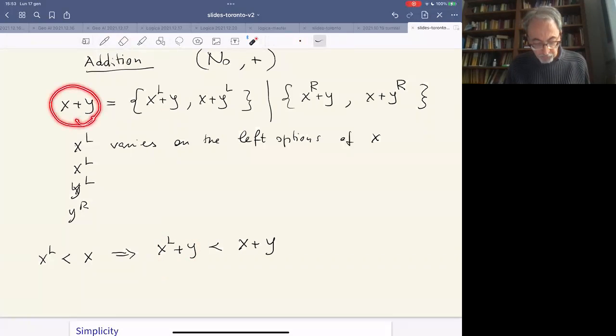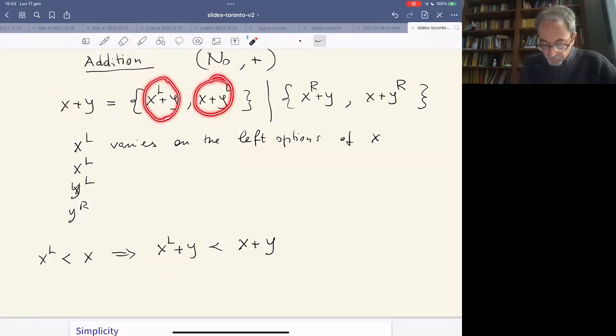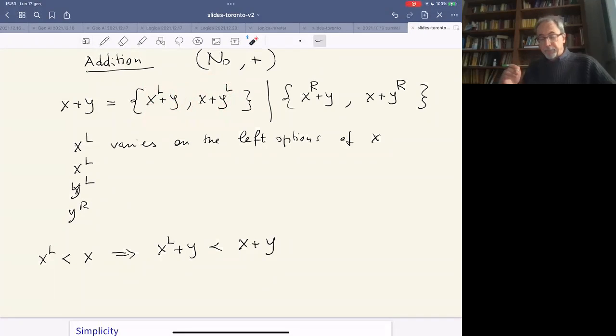The left options of X plus Y, this will be among its left options. By induction on simplicity, you can assume that this guy here and these objects are already defined, because XL is simpler than X, is closer to the root. So you reason by induction on simplicity.